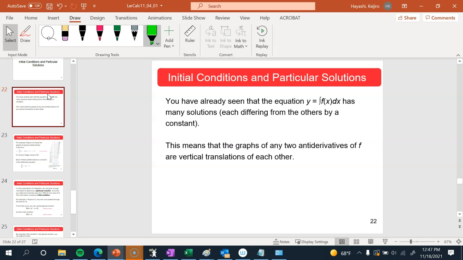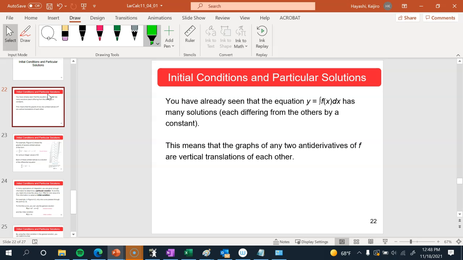Right, so you've already seen that this question of what is the integral of little f, or what equation has little f as its derivative, has a lot of solutions, not just a lot, but infinitely many, because there are infinitely many constants it could have at the end.